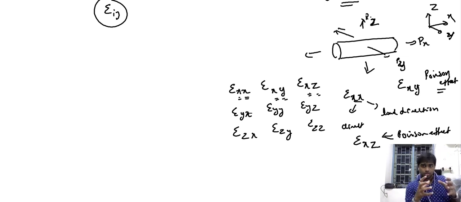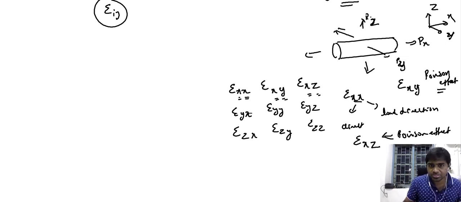So the strain along a specific direction will not only be dependent on the load along the same direction, but it will also be dependent on the load along the other directions as well. Therefore, we need two indices to describe the specific strain.